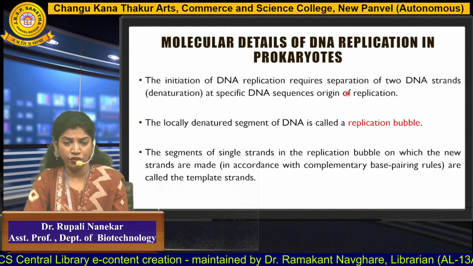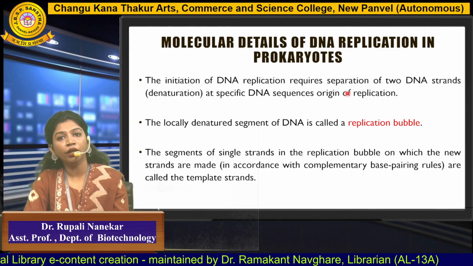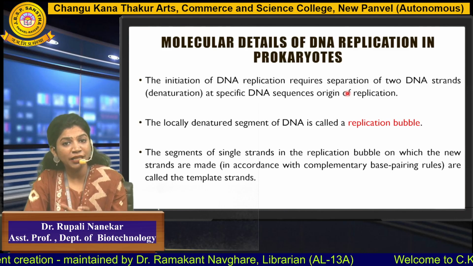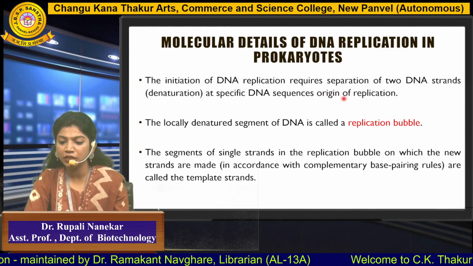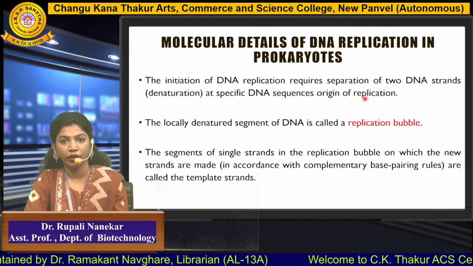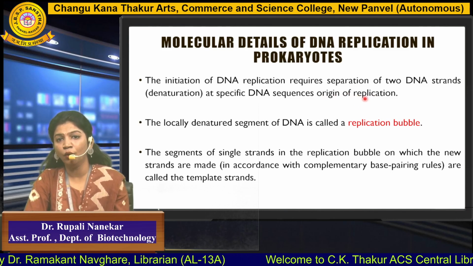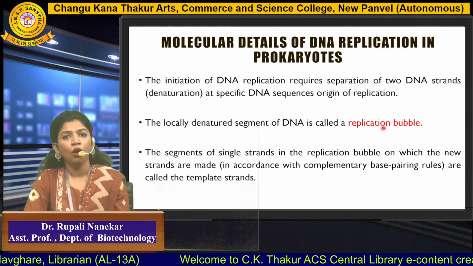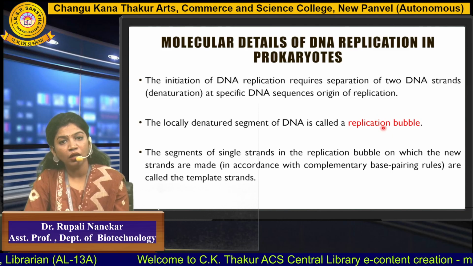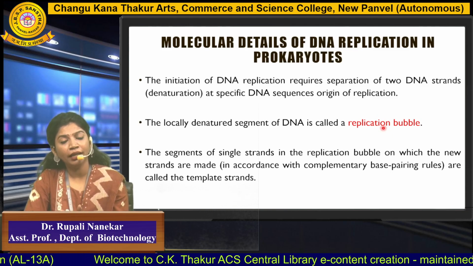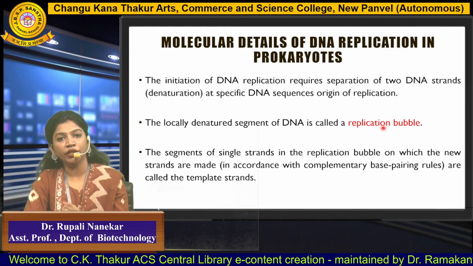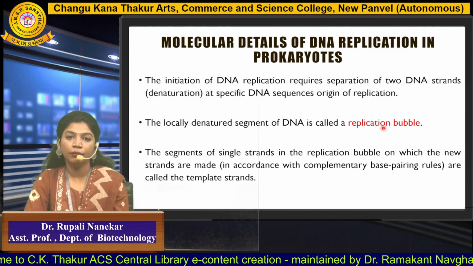So for the initiation of DNA replication, both DNA strands need to be denatured at a specific location called the origin of replication. During that time, it forms a bubble called the replication bubble. Why is it important? Because that is the point where the enzymes are going to work, where other initiator proteins will come and start the process.